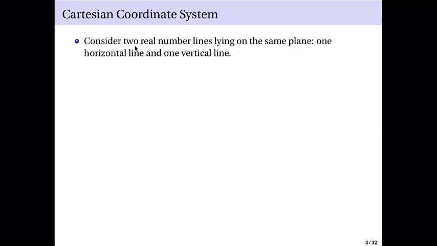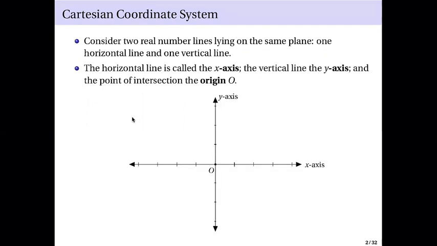Let us consider two real number lines lying on the same plane, one horizontal and one vertical. The horizontal line, this line here, we will call the x-axis. And the vertical line, this line here, we will call the y-axis. They will definitely intersect, so we will call the point of intersection the origin.